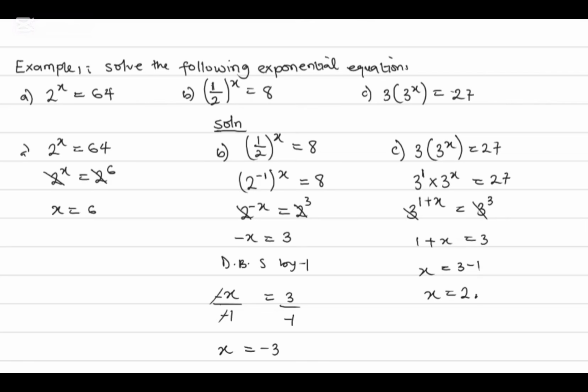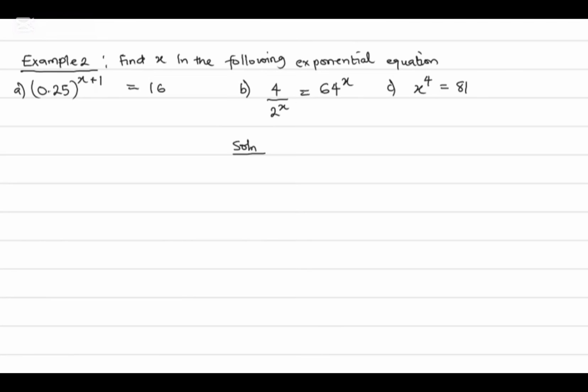We'll take example 2 briefly. The question here is, find x in the following exponential equation. Well, quite an easy one as usual. So what we have here, for the first one, is 0.25 raised to power x plus 1 being equal to 16. First of all, I will convert this to a fraction.